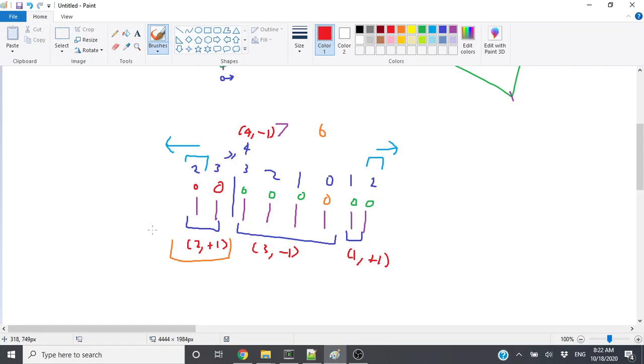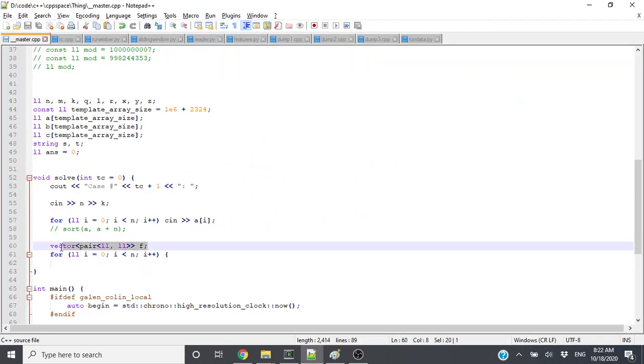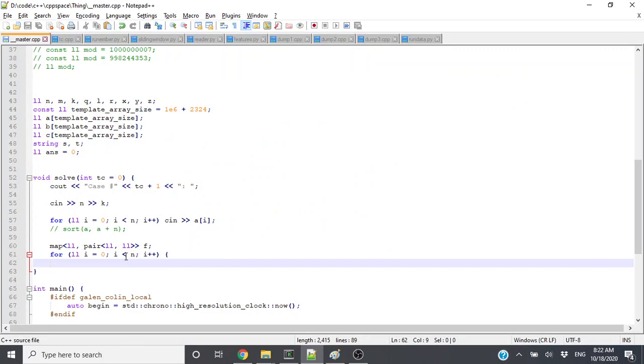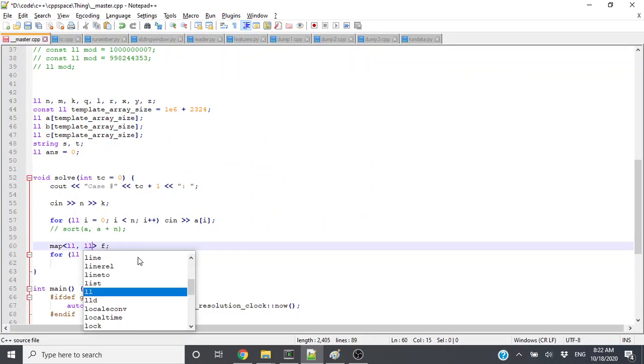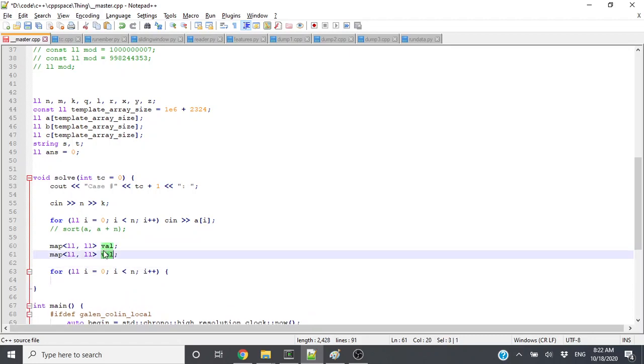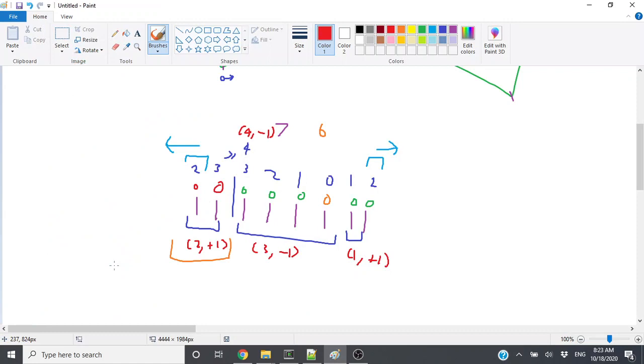Let's do a map, actually. I think that makes it easier, because then we can just add these points. We could do a separate one for value and slope. So now we just have to figure this out, and that is not fun.